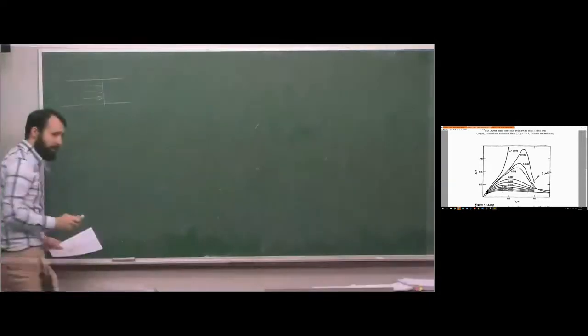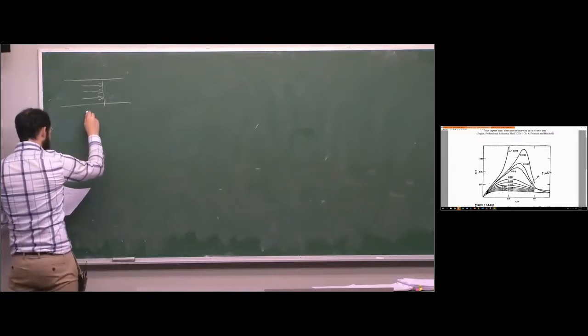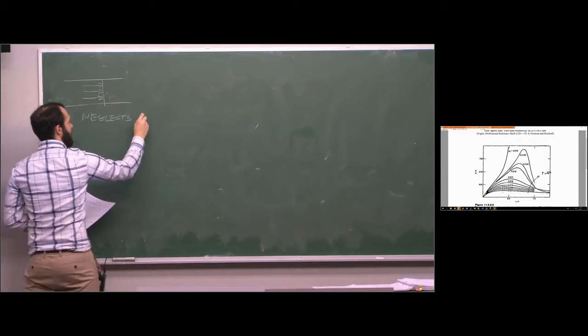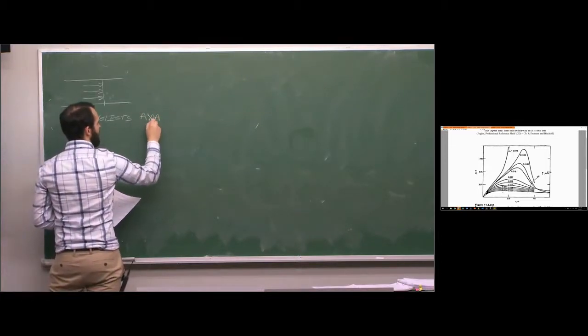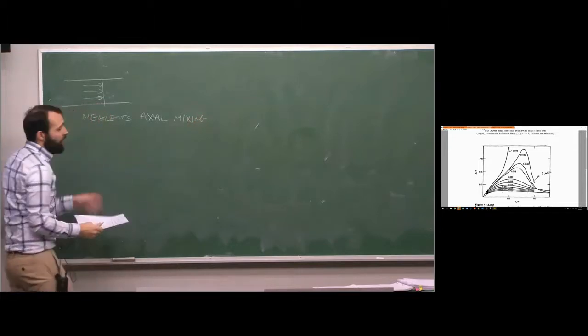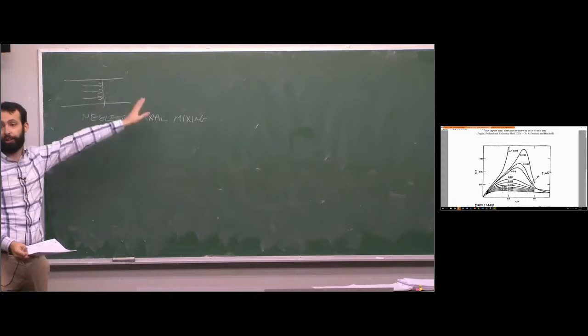So plug flow models assume this, right? They assume that everything has the same velocity no matter where it is within the pipe. So it neglects axial mixing, meaning that all of the motion of the molecules is related to convection, right?